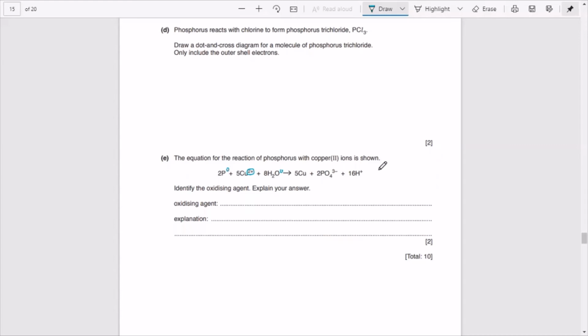Coming to the other side, P is 0 over here, but here P is not 0. If we find the oxidation state, it would be something positive. How to find it?